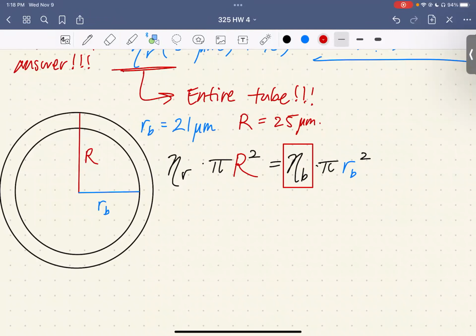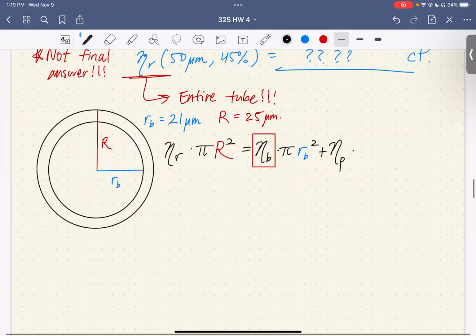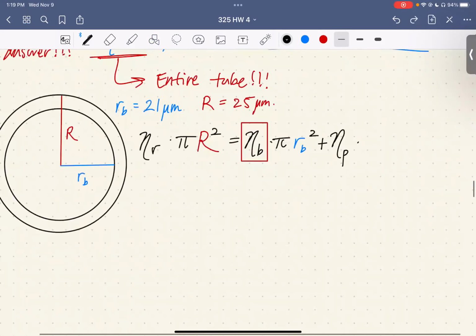If you're not seeing a term for the blood viscosity, then something's not set up correctly. So keep that in mind as we're doing these kinds of questions. Now, let's keep going. Plus, we know the plasma viscosity times the area that we just drew right over here. I'm not going to redraw that.